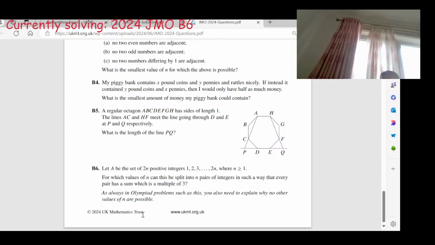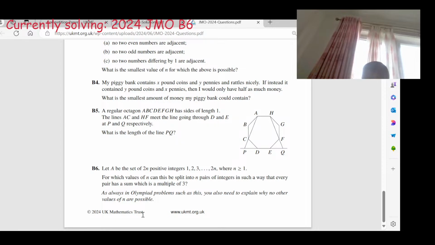So we have 1, 2, 3, 4. How does that work? Well, I don't think that works because there's an odd number of multiples of 3.